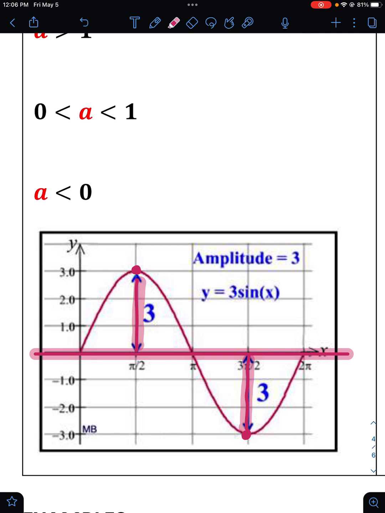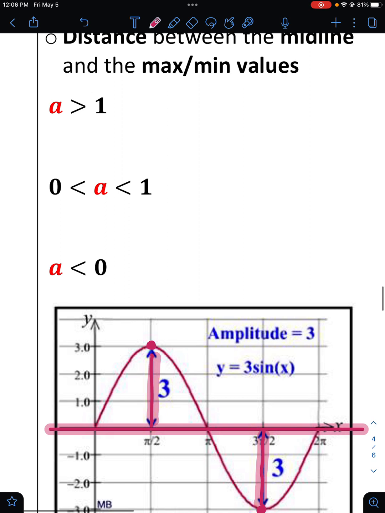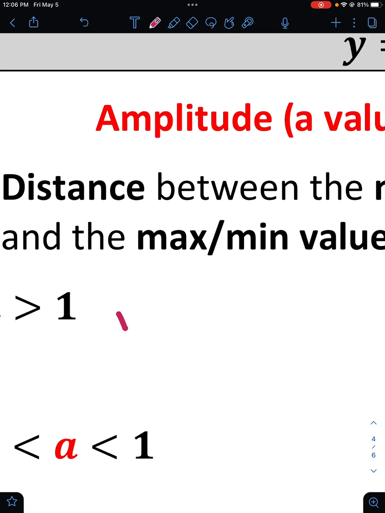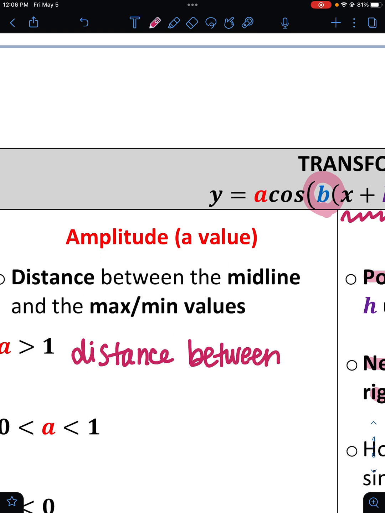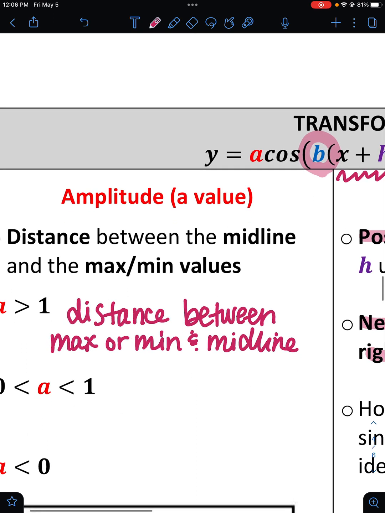So the amplitude again refers to the distance between the highest and lowest points and that midline. Okay, so for an a value greater than 1, the distance between the max or minimum and the midline increases.